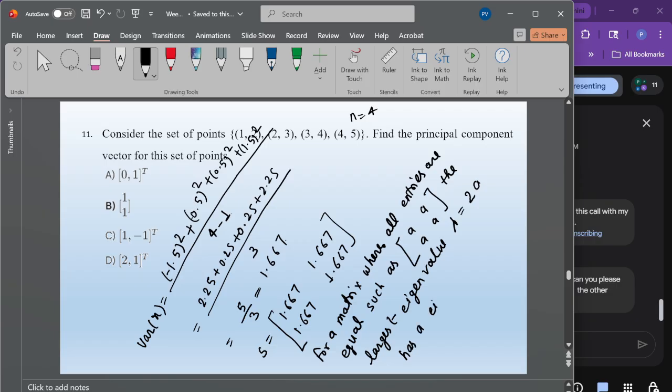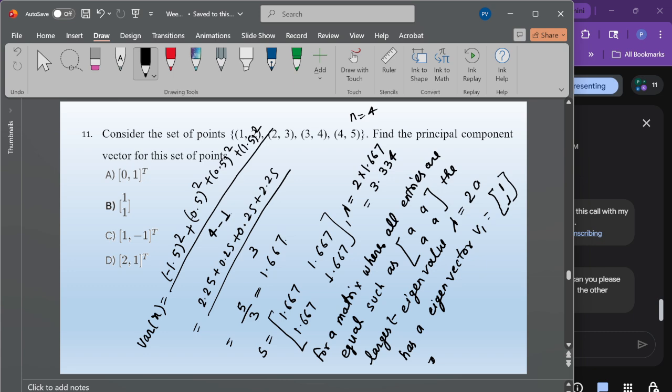It has an eigenvector v1 equal to 1, 1. If we see in our matrix that all the values are identical, here lambda would be 2 into 1.667. If you multiply it, you will get 3.334.